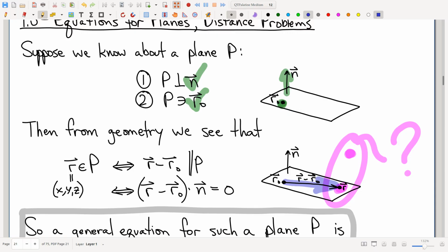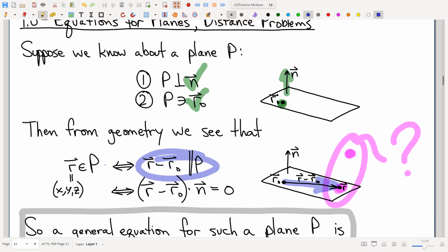If this is in the plane, and you subtract a point in the plane, that difference would be parallel to the plane. And that's an if and only if. Because if the point you're testing is not in the plane, and you subtract a point that is in the plane, then that difference would not be parallel to the plane.